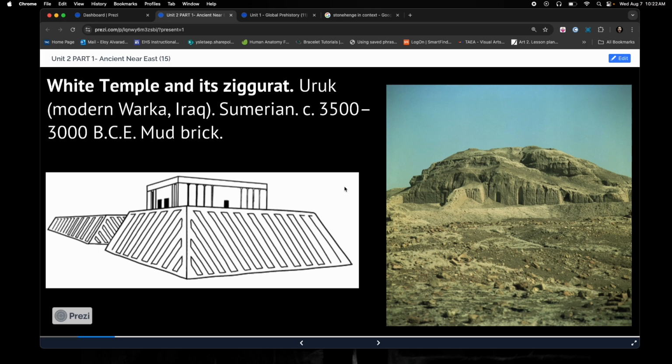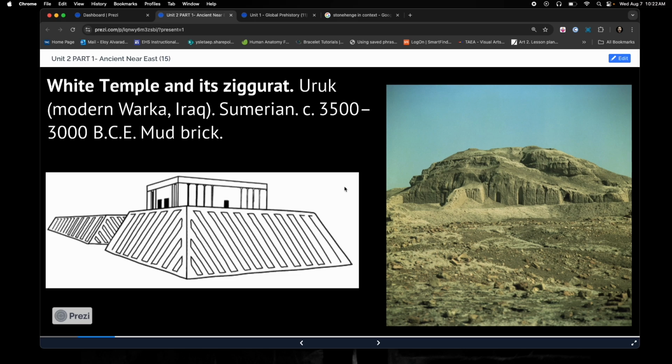So like Uruk, they would have a major patron deity, right? And these temples would be in the center of the city, so that it made a huge statement.